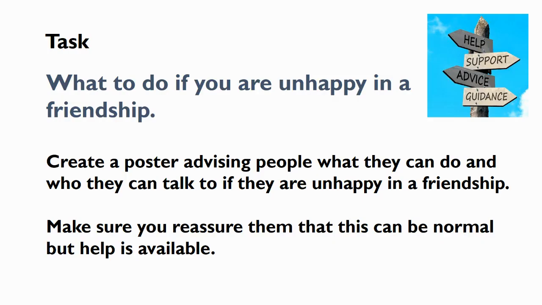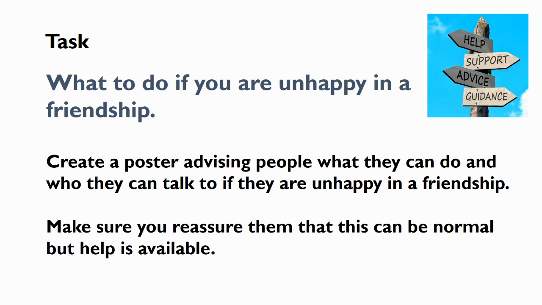So what I'd like you to do now is think about what to do if you are unhappy in a friendship. Create a poster advising people what they can do and who they can talk to if they are unhappy in a friendship. Make sure you reassure them that this can be normal, but help is available.